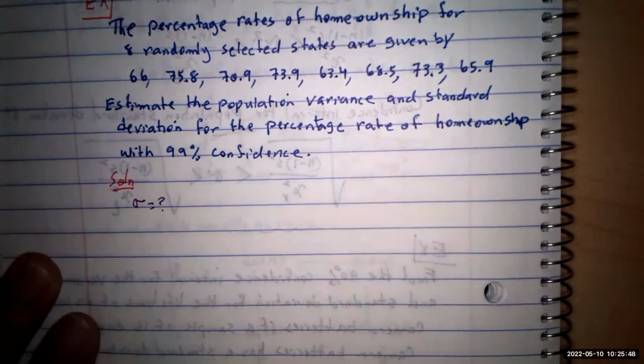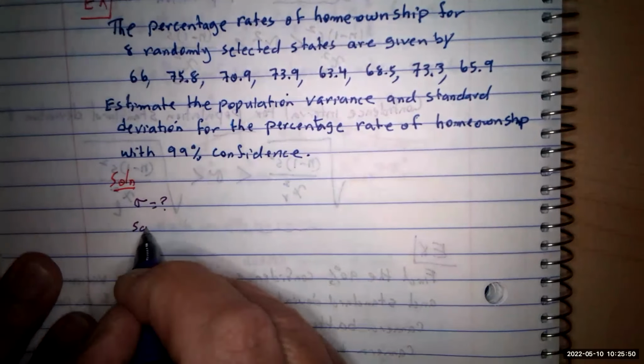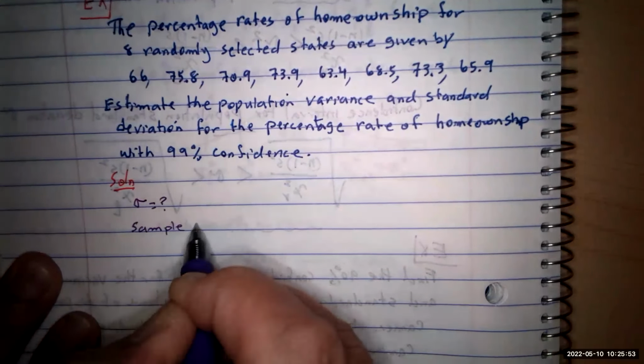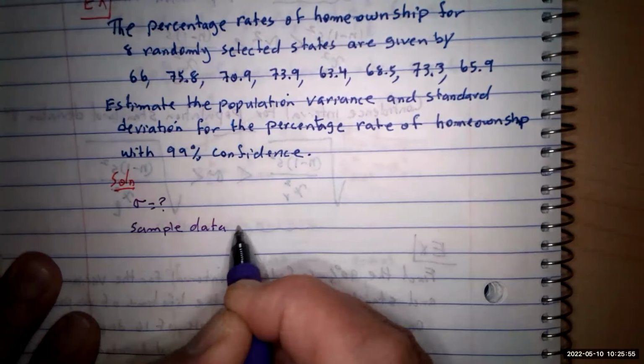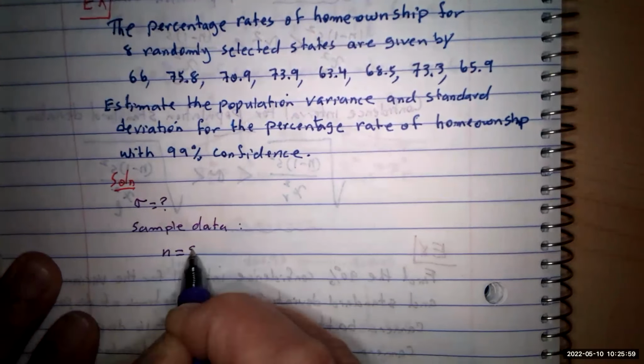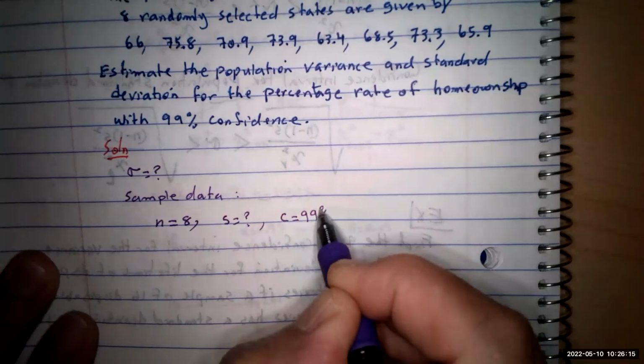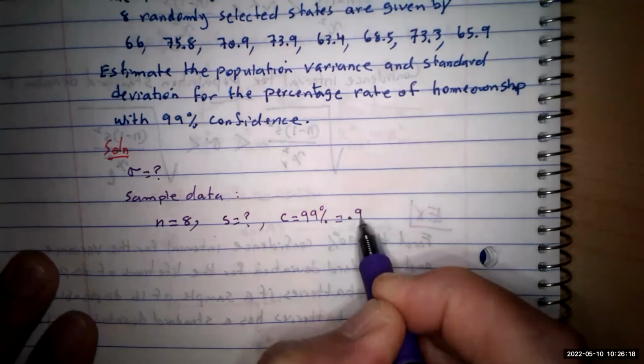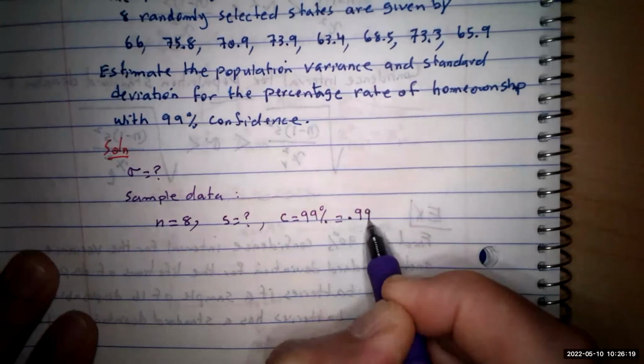So you need sample data. The sample data would include the sample size. The sample size is already given: 8 states. You need a sample standard deviation, so you need the S. If you do have the S, then your confidence level is going to be 99%, which is 0.99, and you'll be able to get the interval right away.